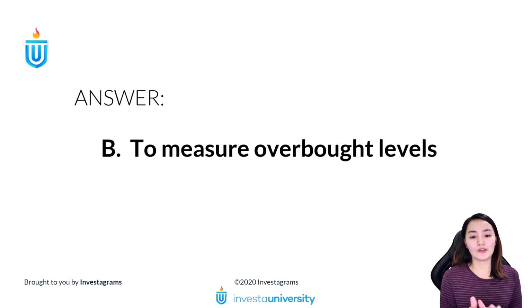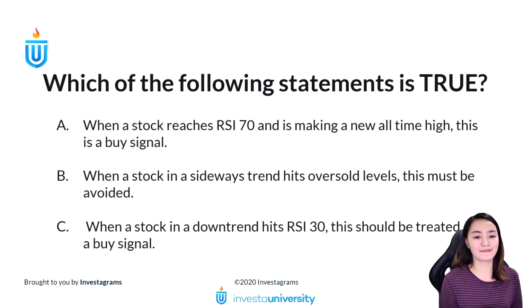So, this is for RSI. Alright, so off to our last and final question for tonight. Which of the following statements is true? Choices are letter A, when a stock reaches RSI 70 and is making a new all-time high, this is a buy signal.